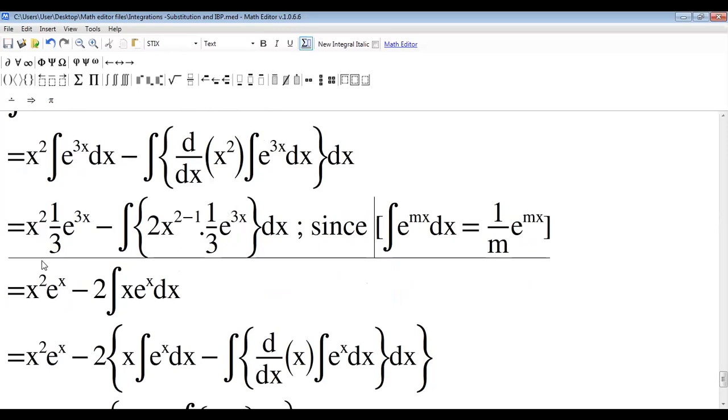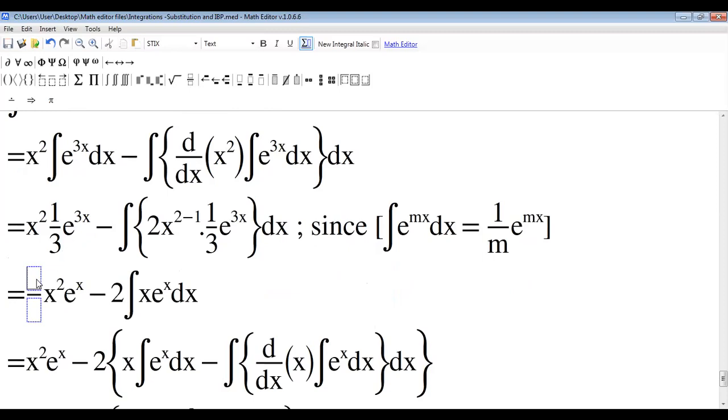So we get here 1 by 3 as the constant, x square, and e to the power 3x. So minus 2 by 3, and the integration of x into e to the power 3x.